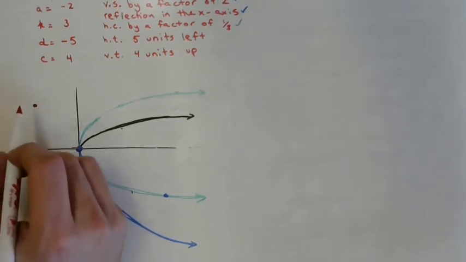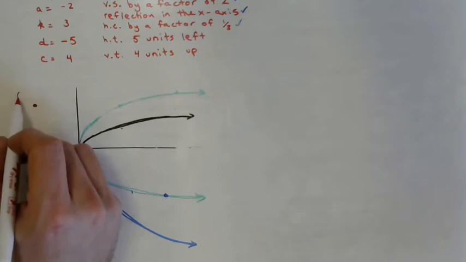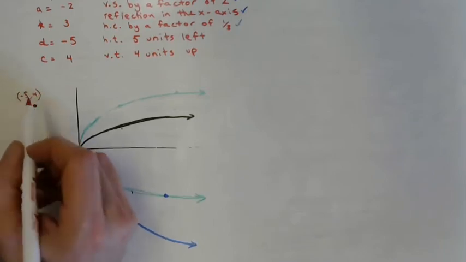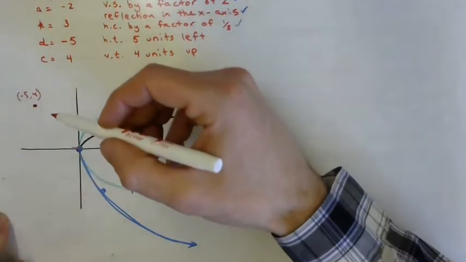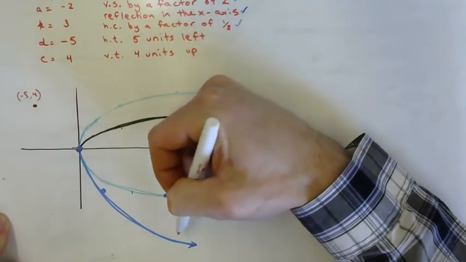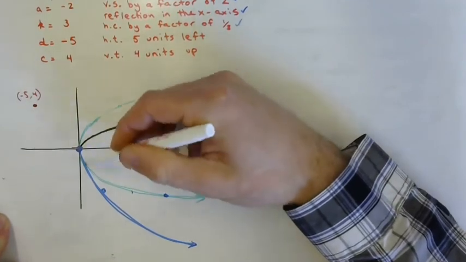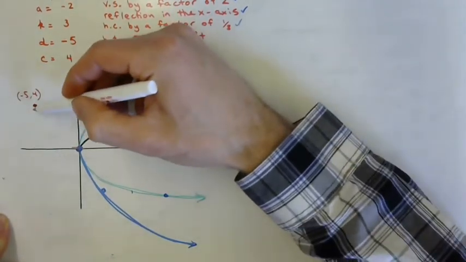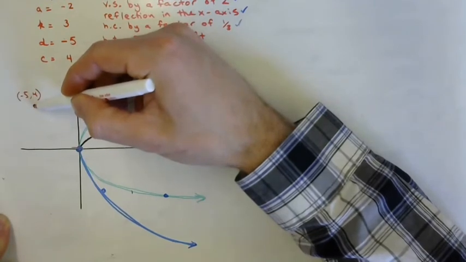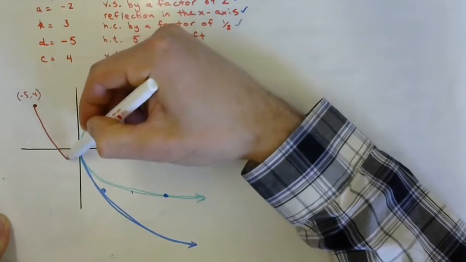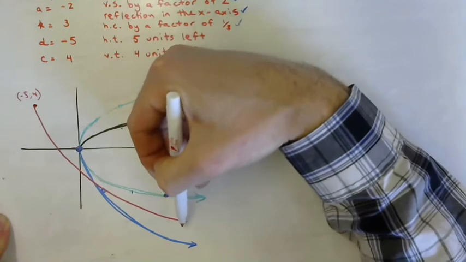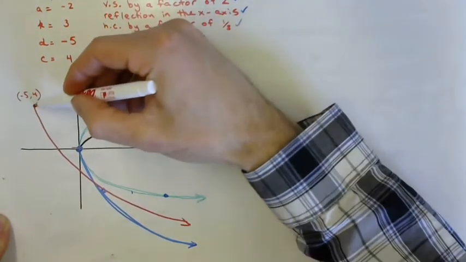Somewhere over here. This point should be -5, +4. And I want to keep the exact same shape as this blue curve, okay? It's going to come down. Our graph isn't big enough, and it looks something like this.